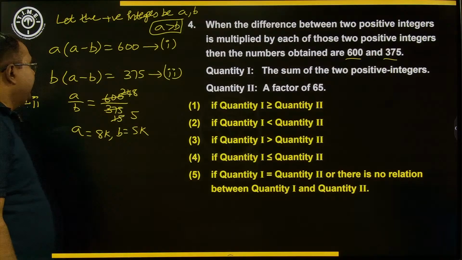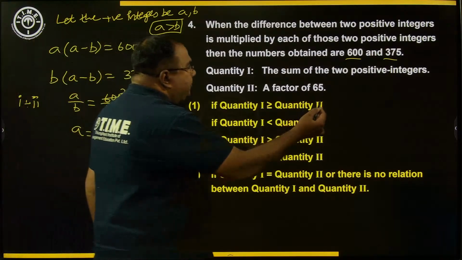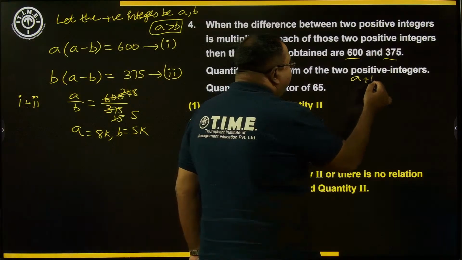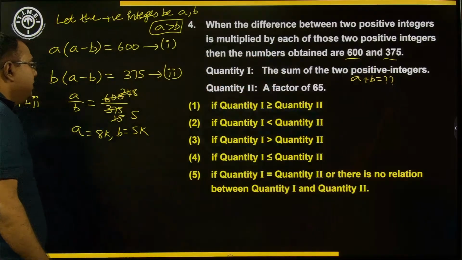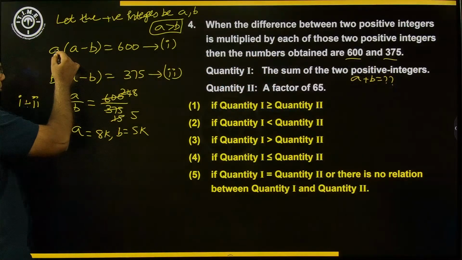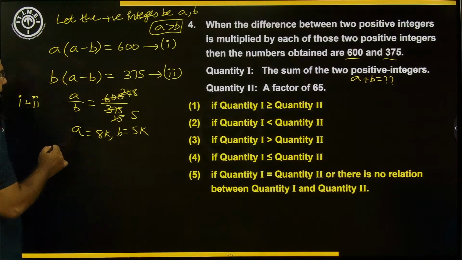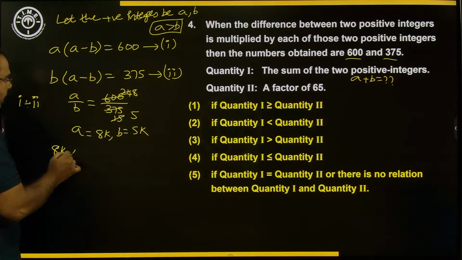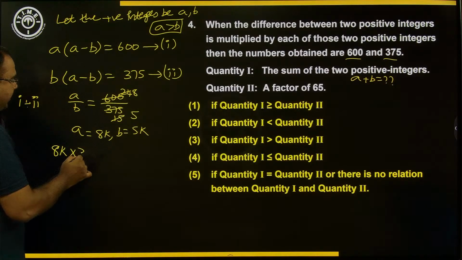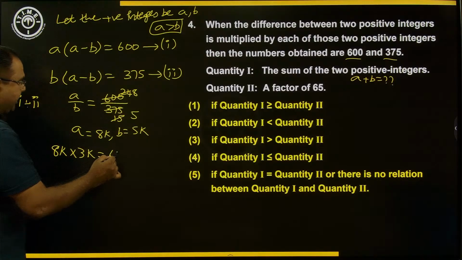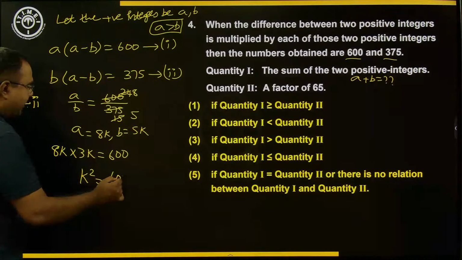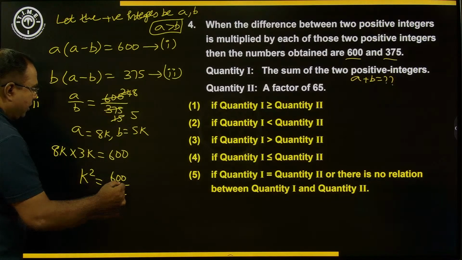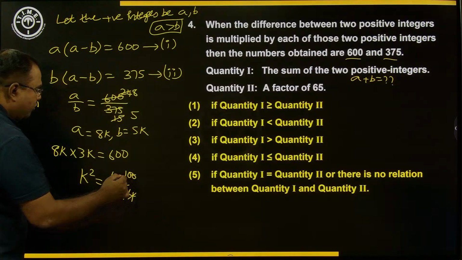The sum of two positive integers. I want the value of a plus b. This is the question. Now I'll substitute in the first case: a is 8k, into (a minus b), which is 8k minus 5k, 3k, equal to 600. So 24 k squared is equal to 600, so k squared is 600 upon 24, 25.